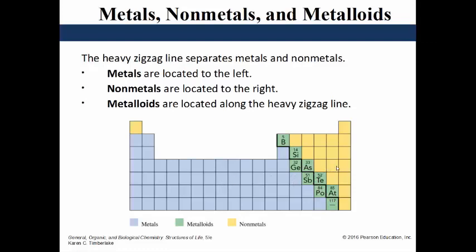Everything that's to the right-hand side of that line, this light beige, light yellow color, are nonmetals. And the elements that border this zigzag line have characteristics of both metals and nonmetals. They're called metalloids. Metals, nonmetals, and kind of a mix of both, metalloids. That's why these are in a light mint green color.